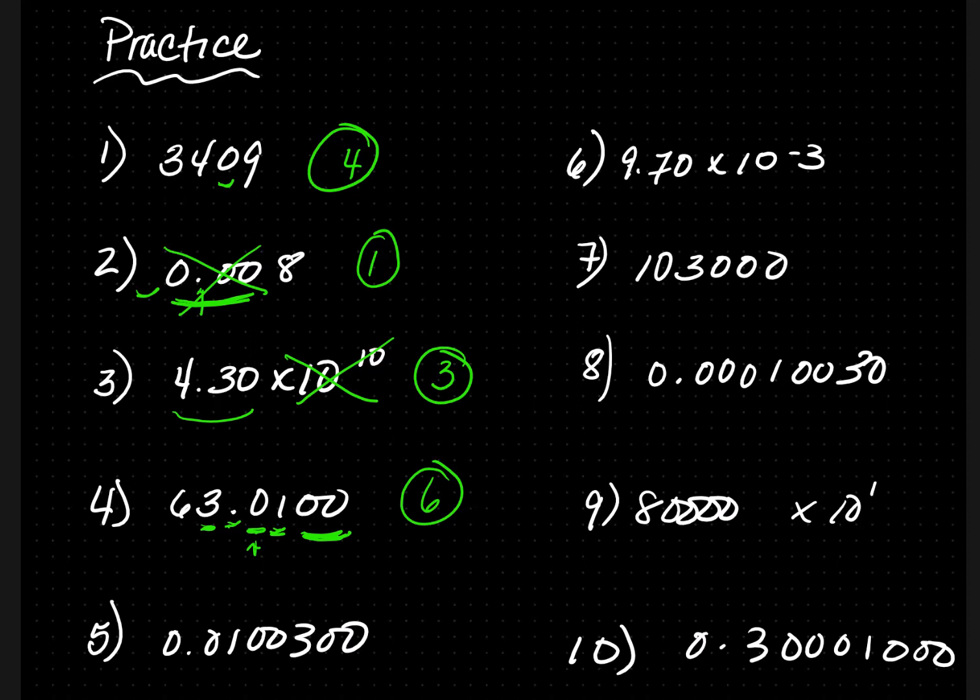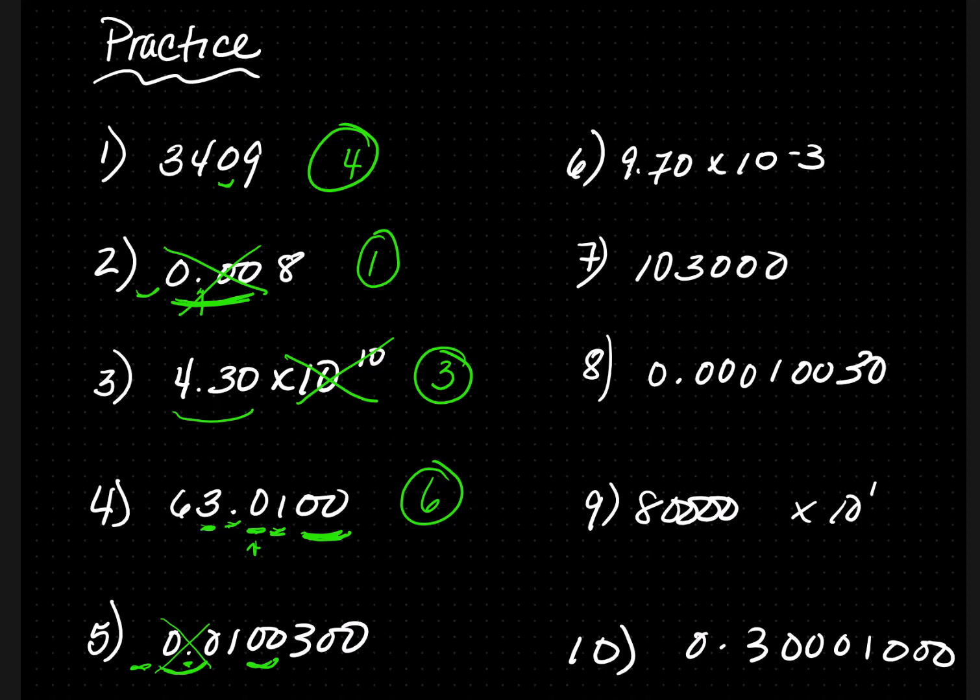Number 5, we have 2 sets of zeros. We have here, and then we have the second set between 1 and 3. For the first set, is there a decimal present? Yes. Is there a significant digit in front? No. So these are called placeholders.